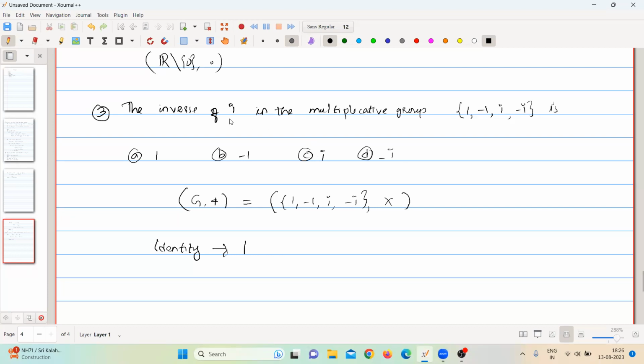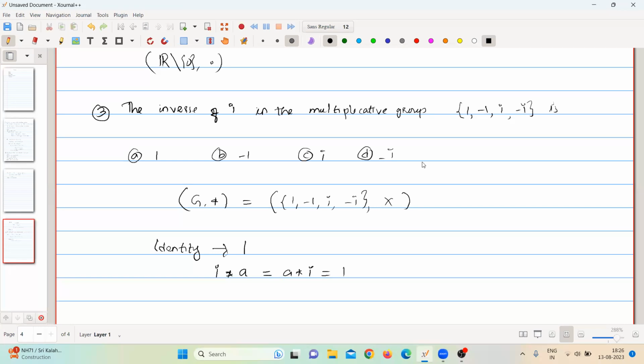Okay, so the inverse of i means, suppose A is the inverse of i, then i star A should be equal to A star i, which should be equal to the identity 1. So we need to find the A such that this condition is satisfied. Okay. So can anyone say what is the inverse here?